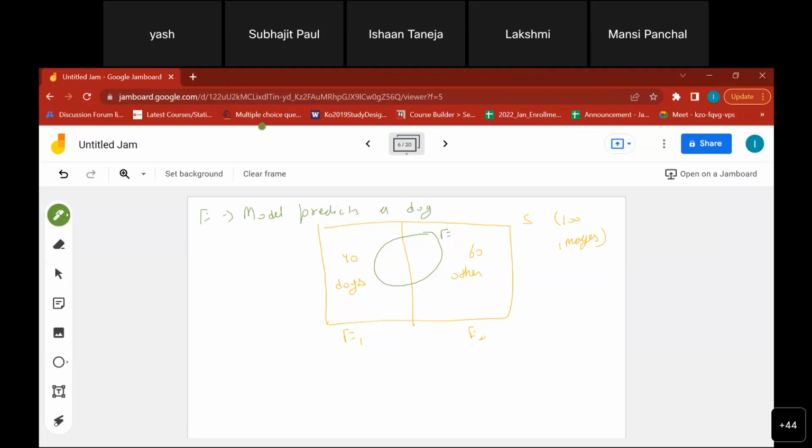Any problem in this, anyone? Now we know that this event E has occurred, right? We need to find the probability that it has occurred in the E1 part, right?